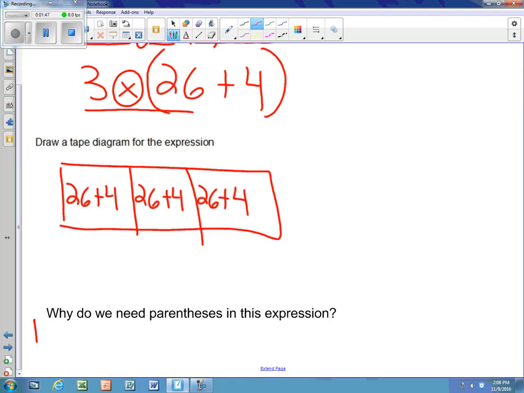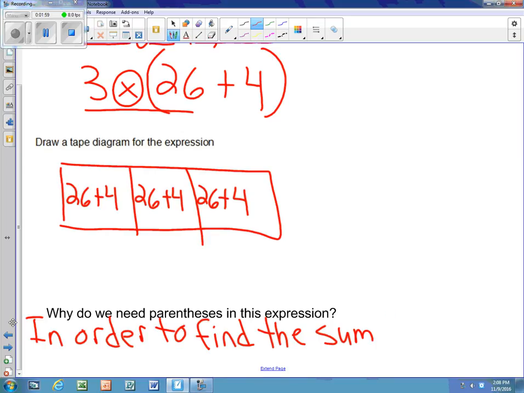We need the parentheses in order to find the sum first. Now, we need to do it with parentheses because in order of operations, multiplication comes before addition. But if you put them in parentheses, parentheses come before non-parentheses.